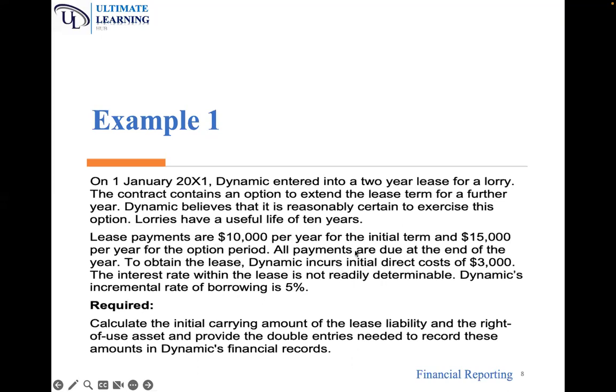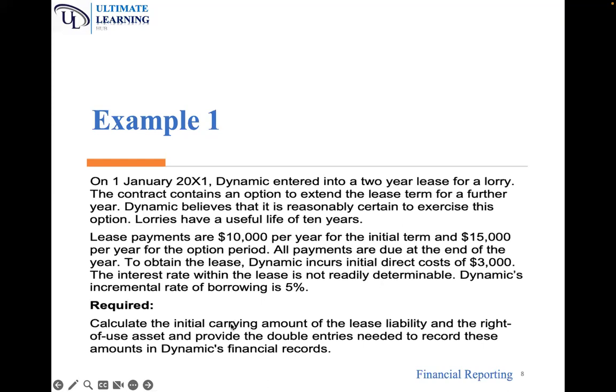All payments are due at the end of the year. To obtain the lease, Dynamic incurs initial direct costs of 3,000. The interest rate within the lease is not readily determinable, and Dynamic's incremental rate of borrowing is 5%.